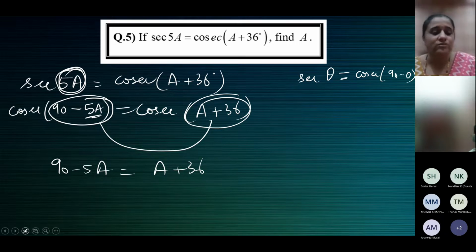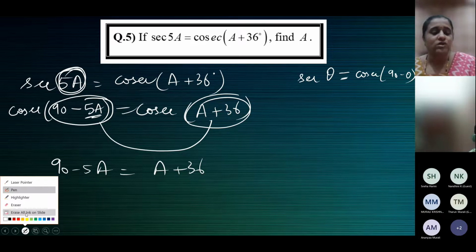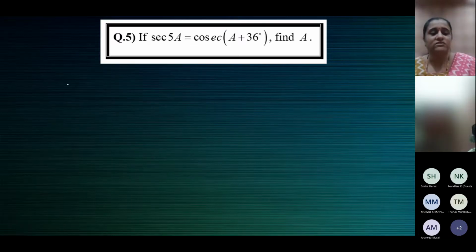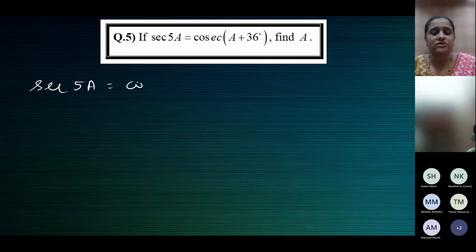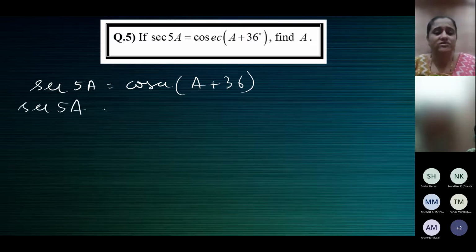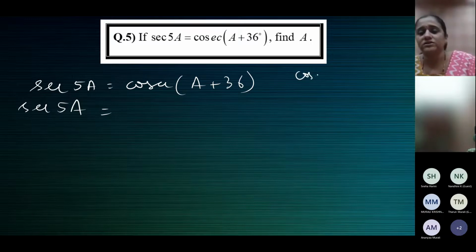Otherwise, in this working we have converted secant to cosecant. You can also convert the other side. We have secant of 5A is equal to cosecant of A plus 36. So secant 5A, you can write this as equal to, you can change this cosecant to secant. What is cosecant theta?